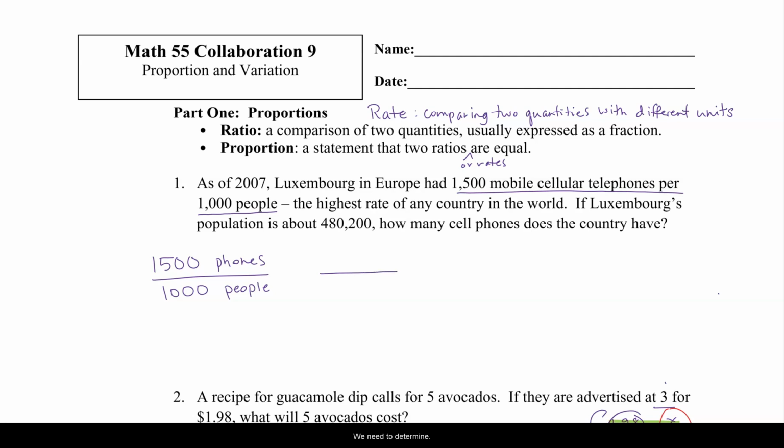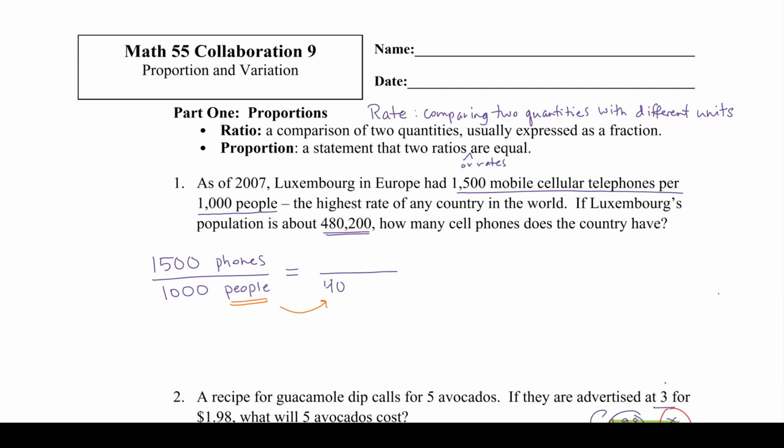We need to determine first where this number is going to go in our second rate in order for these to be equal. Equations are about comparing same things, so we need to make sure that we have like things in like places. Ultimately, what I mean by that is, because we have people in the denominator of the first rate, we also need to have people in the denominator in the second rate.